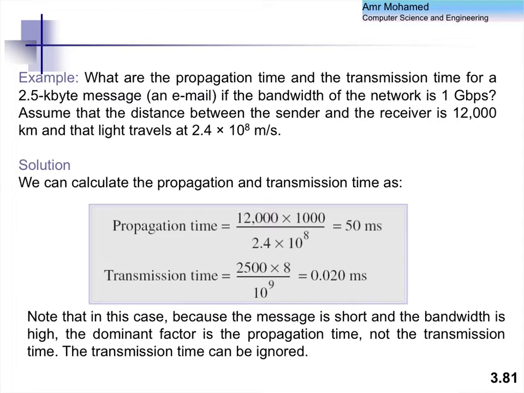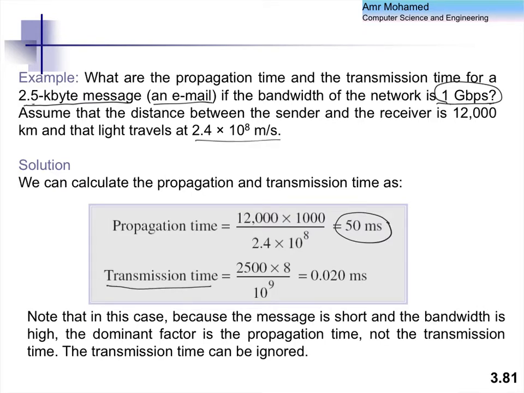This is the case of propagation time with very large bandwidth. If we need to send data of length 2.5 kilobytes, like an email, over a transmission medium with a bandwidth of 1 gigabit per second, the propagation time as we calculated is still 50 milliseconds.